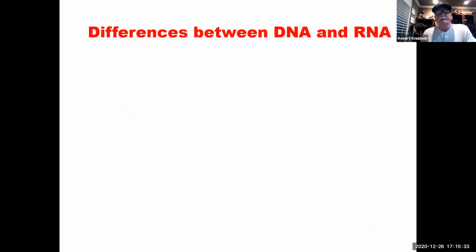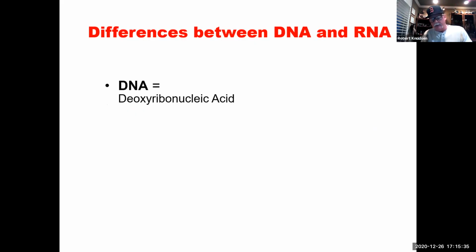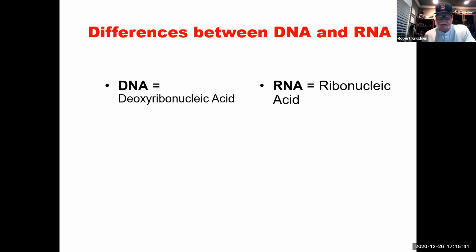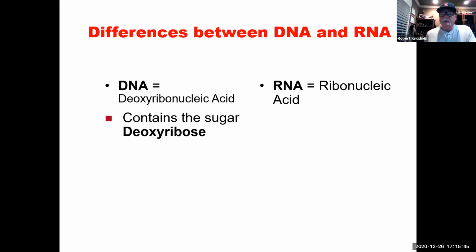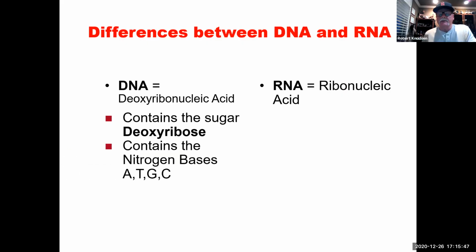Differences between DNA and RNA. DNA, deoxyribonucleic acid. RNA, ribonucleic acid. It's just the sugar, baby. Just the sugar. DNA contains deoxyribose. It contains the nitrogen bases A, T, G, and C. We just did that, didn't we?